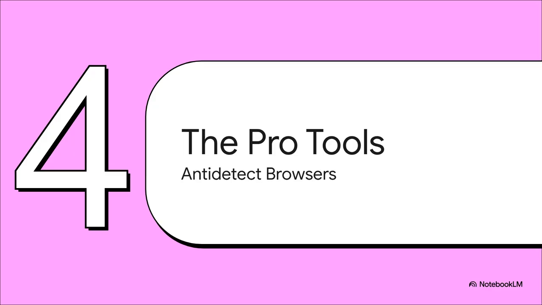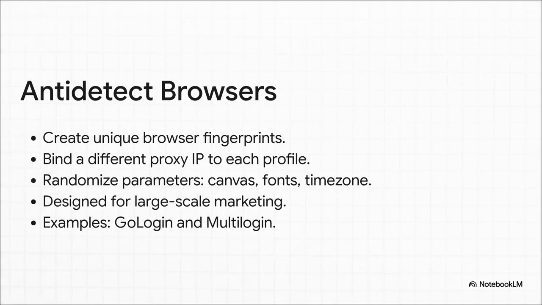Okay, now we're getting into the heavy-duty stuff. For the agencies and marketers running big, complex operations, there's a whole category of tools called anti-detect browsers. These are built for serious scale, but they definitely come with their own learning curve. These tools are pretty fascinating. They don't just separate your accounts, they make each browser profile look like a completely unique person on a totally different device, maybe even from another part of the world.